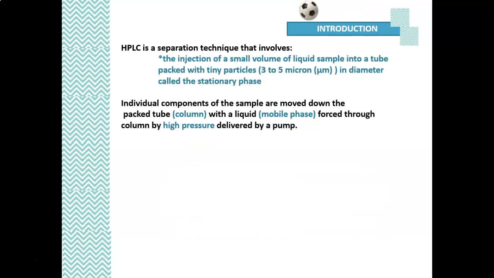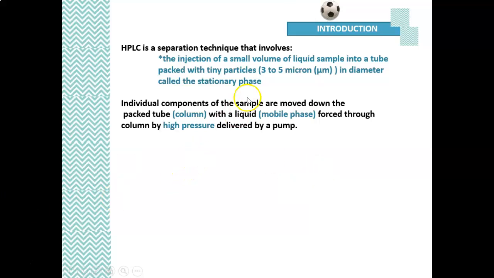HPLC is a separation technique that involves the injection of a small volume of liquid sample into a tube packed with tiny particles, which are 3 to 5 micrometers in diameter, called the stationary phase.